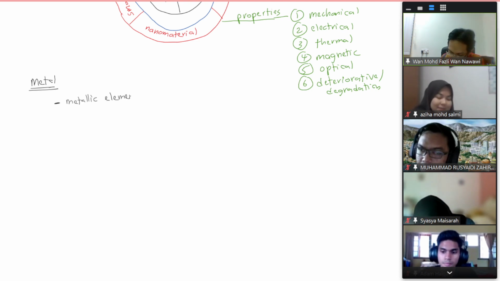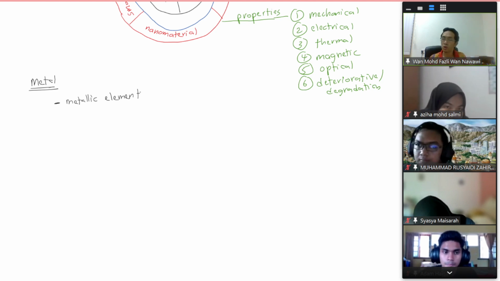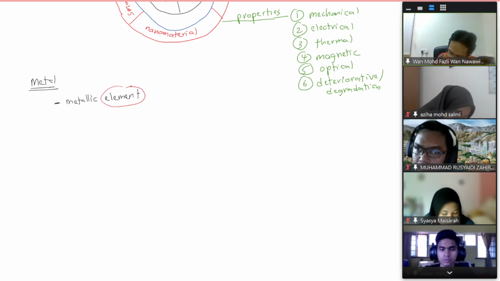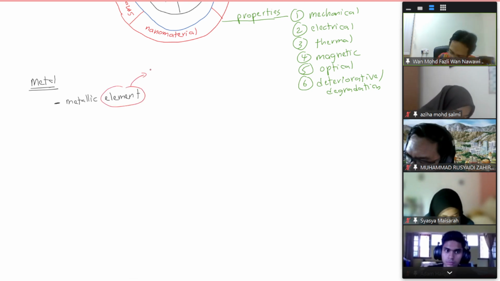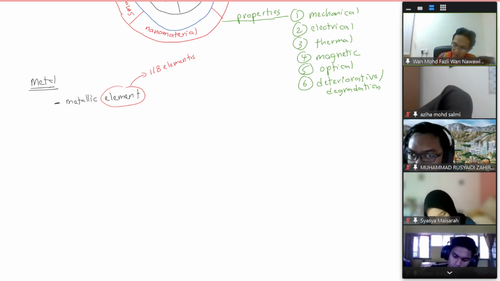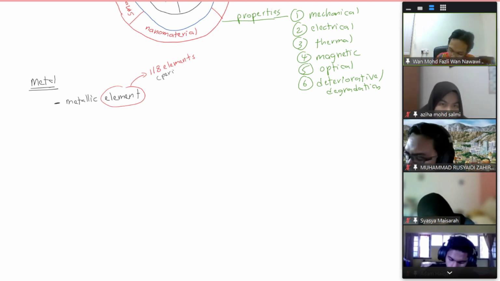The word element is important because up until now we have 118 elements, found and also synthesized. You can find them in the periodic table.